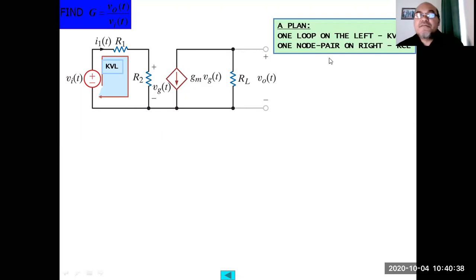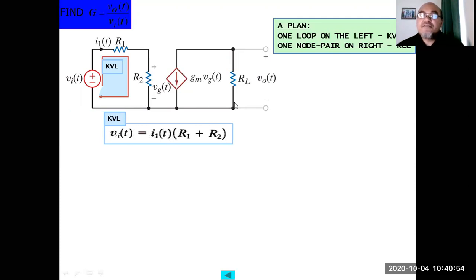Okay, so one node pair on the right, this one. Then the question is, what is V output? So here we can calculate using Kirchhoff current law, KCL, to calculate the current here, the current GM VG, and then that current using Ohm's law we can multiply with RL to obtain V output.